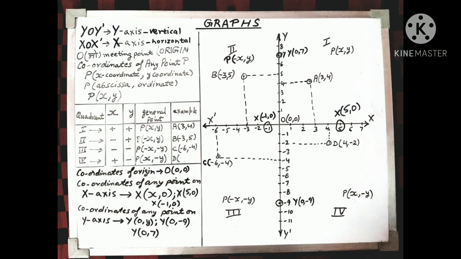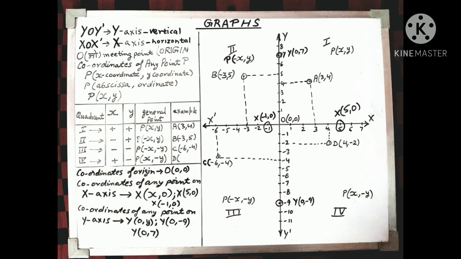On the left hand side, I have made a table to make it more clear. The four quadrants: in the first quadrant x is positive, y is positive, the general point is P(x, y) and an example point is A(3, 4). In the second quadrant, x is negative, y is positive, the general point is P(-x, y) and the example point is B(-3, 5).